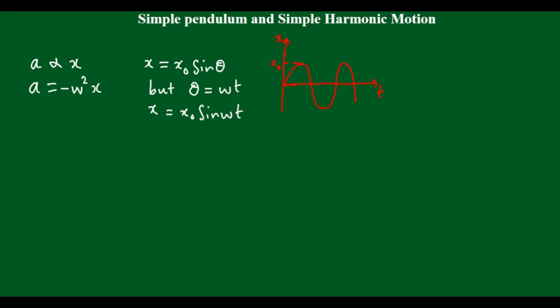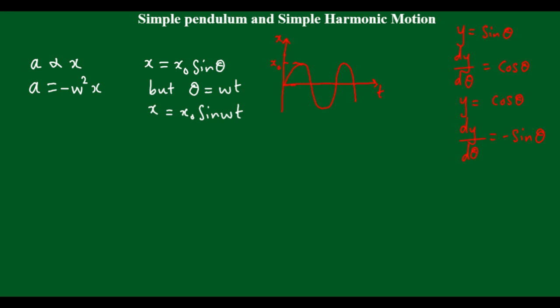So let's say y is sine theta, it means dy by d theta is equal to cos theta, and if y is equal to cos theta, if we differentiate that with respect to theta, we get negative sine theta.